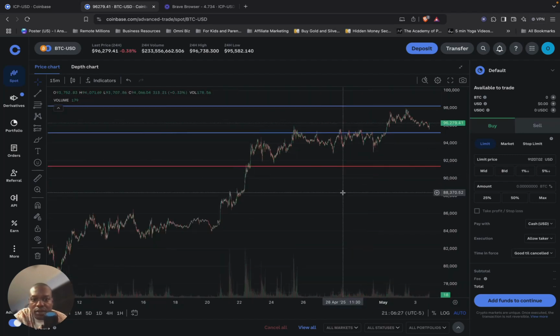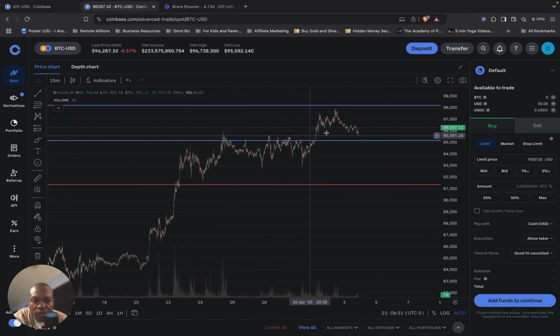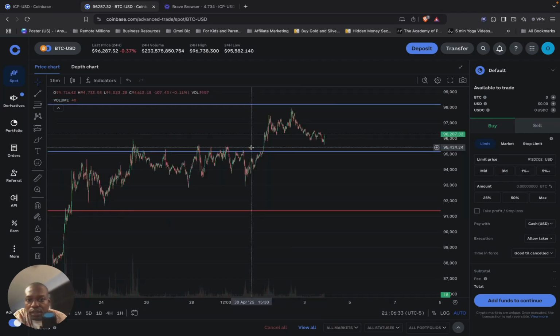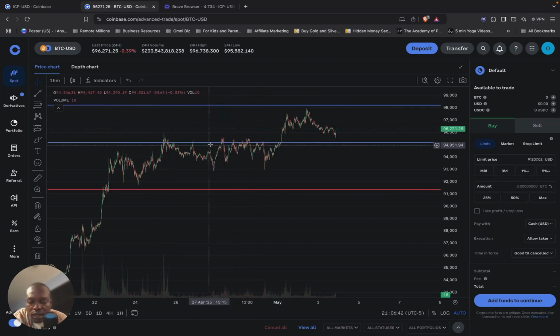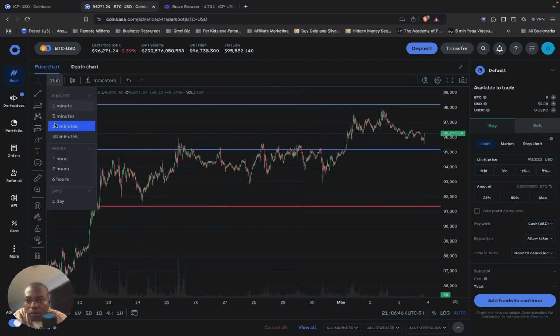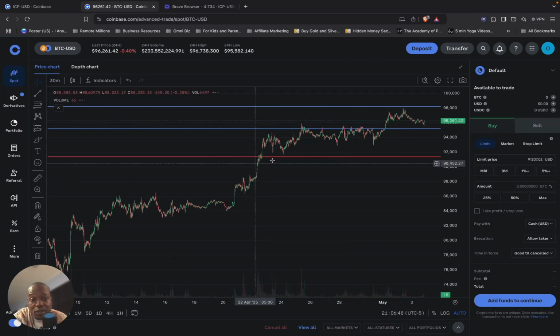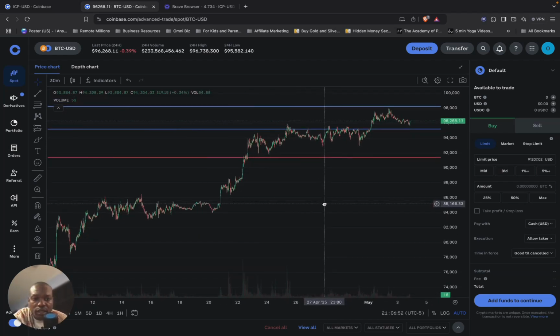So within my 15-minute chart, see those two blue lines that we put up? It's properly set up. Go to 30-minute real quick. So this is how I practice.